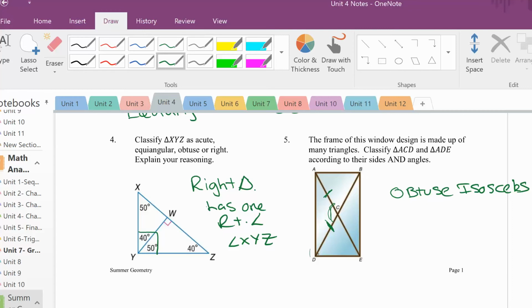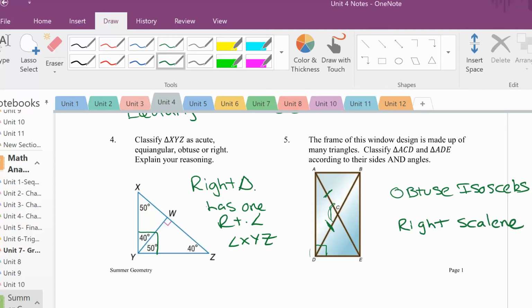And if you look at ADE, triangle ADE looks to be a right scalene triangle.